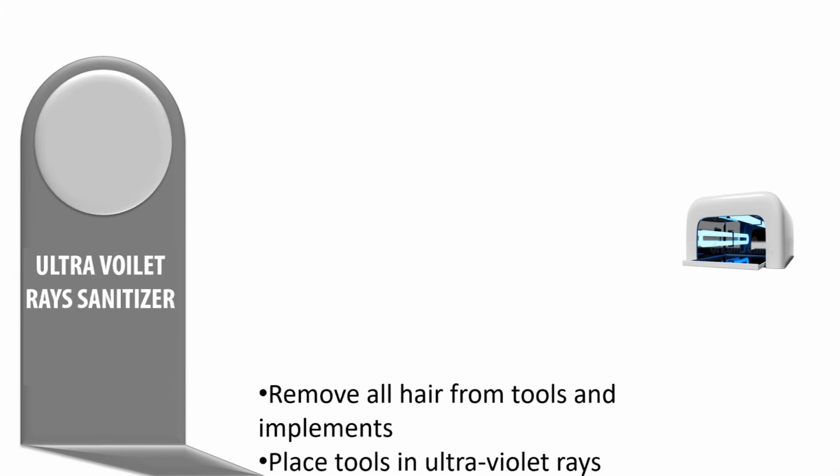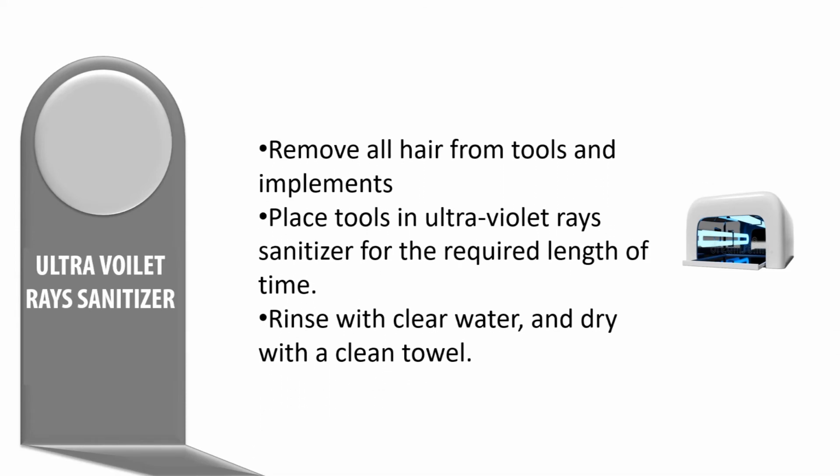Ultraviolet ray sanitizer. The procedure is as follows: remove all hair from tools and implements, then place the tools in the ultraviolet ray sanitizer for the required length of time.